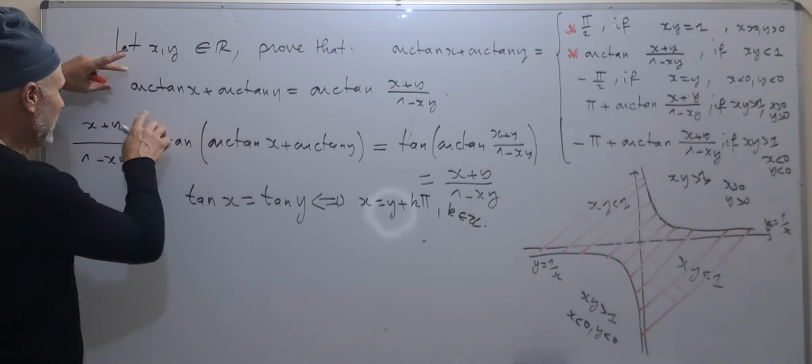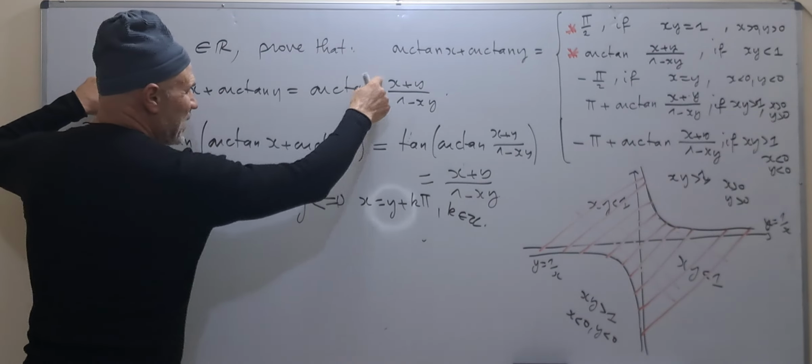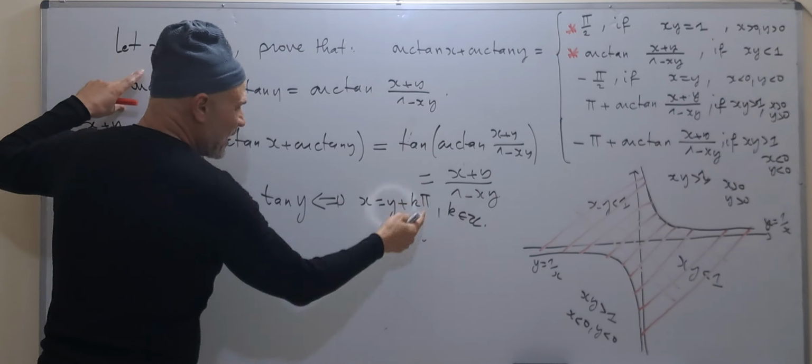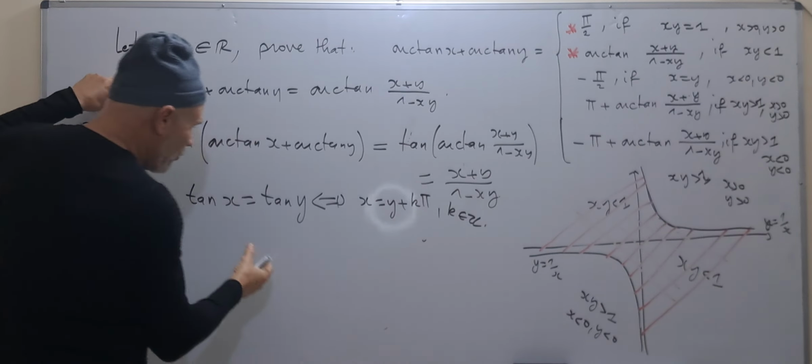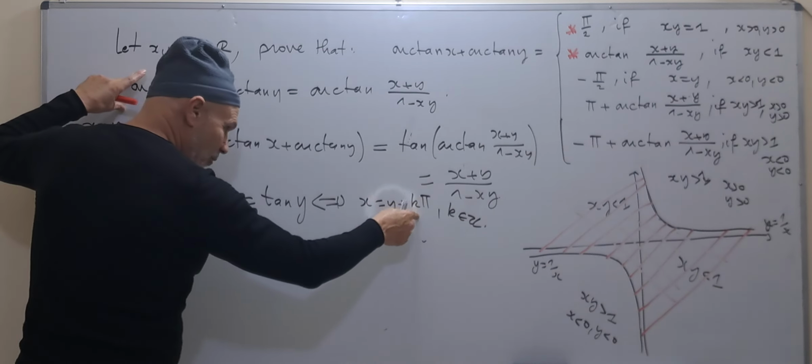This means that arctangent x plus arctangent y is equal to arctangent of x plus y over 1 minus xy plus kπ. We would like next to prove that k is equal to 0.